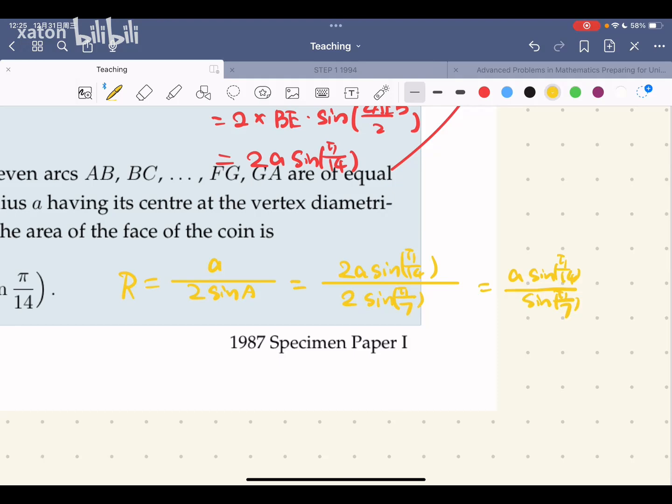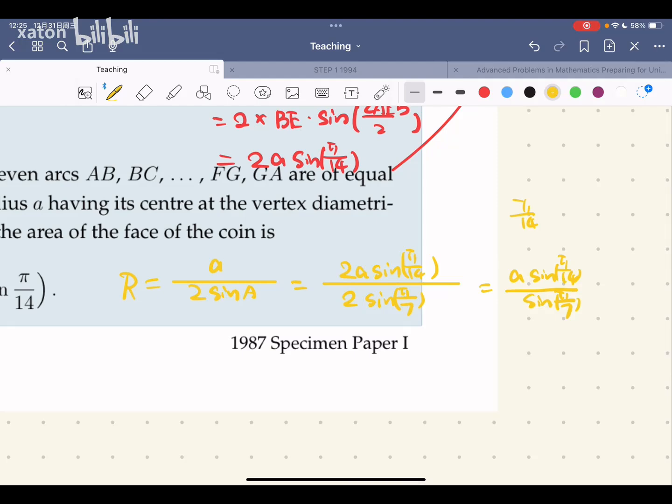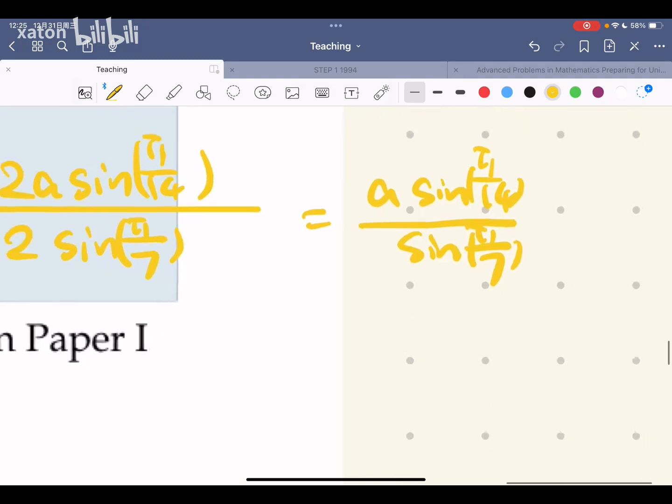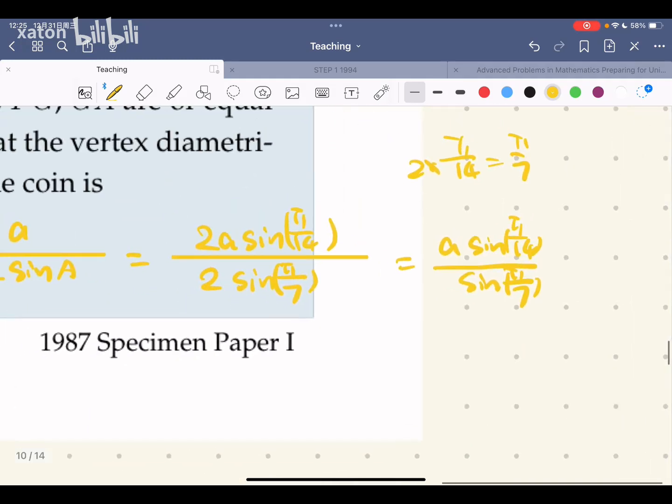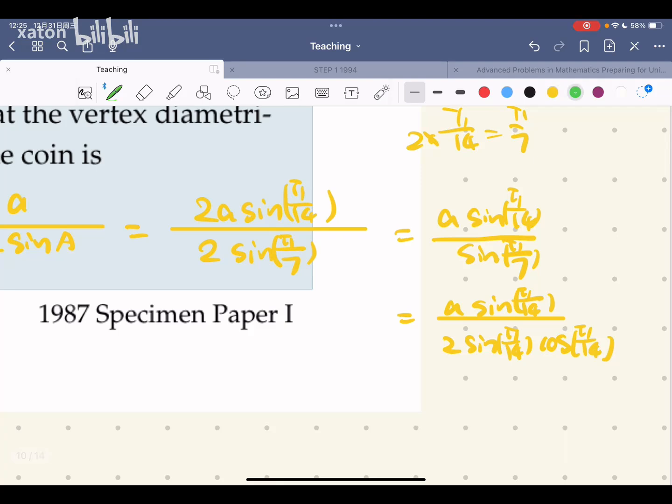Another thing we should notice is that 2 times pi over 14 equals pi over 7. So we can apply the double angle formula for the denominator. It will be 2 times sine pi over 14 times cosine pi over 14. Then we can get rid of the sine.